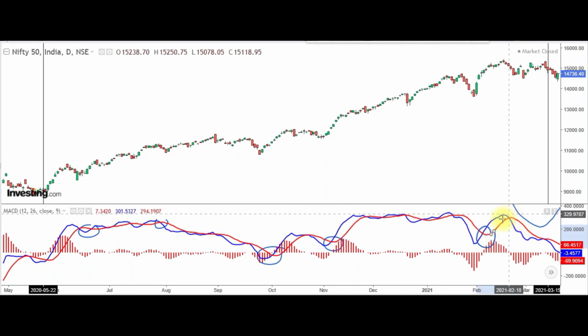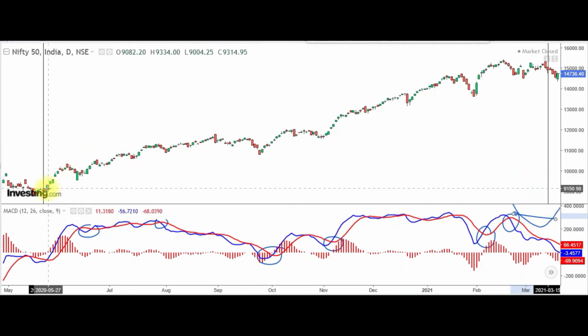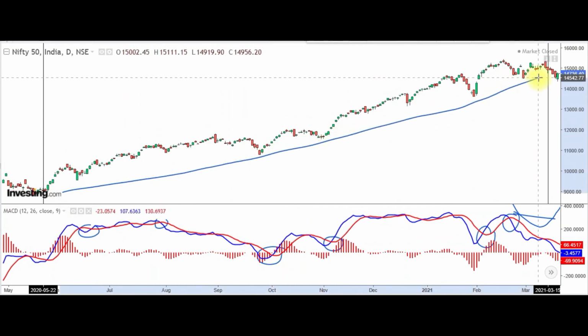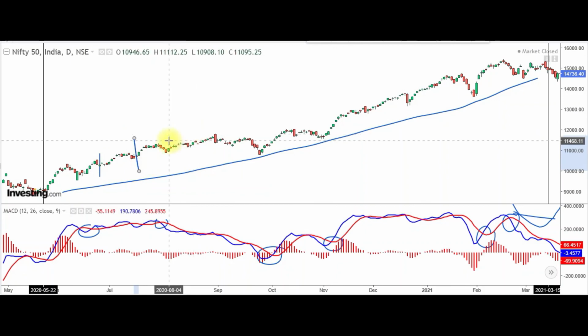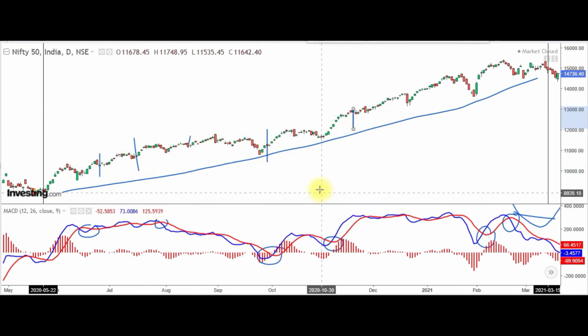After this particular negative crossover, the price came down, so it didn't give a buy signal after this. We could have carried our positions, or booked our profits timely in between. So this is how we can use two time frames for better accuracy of our trades.